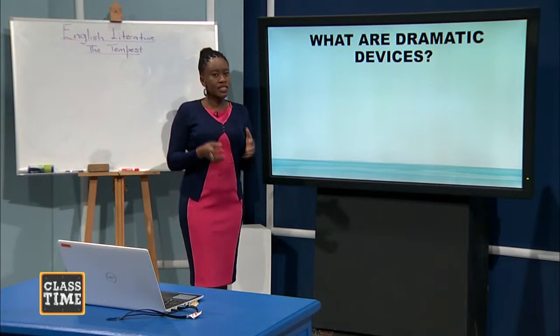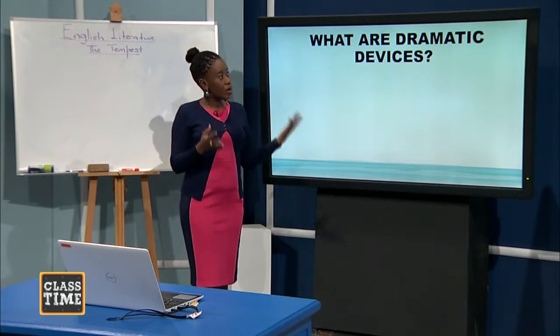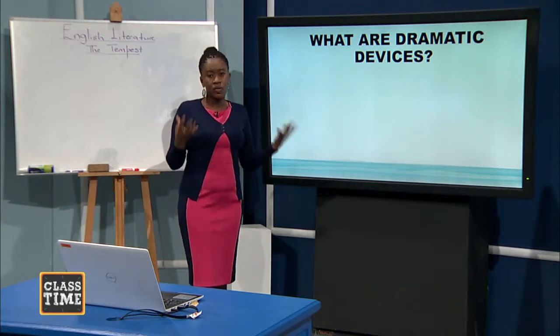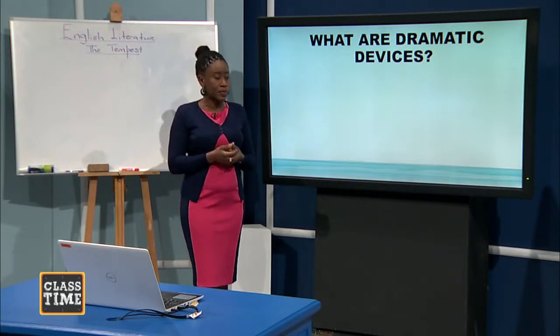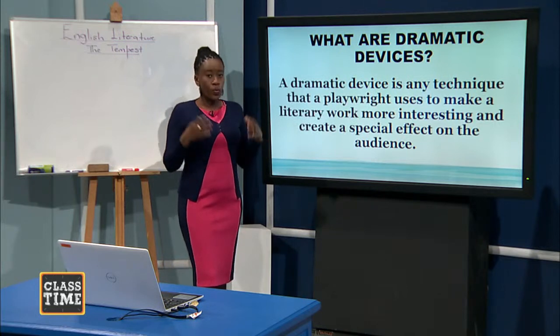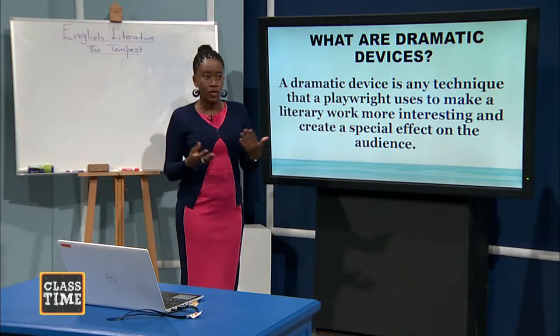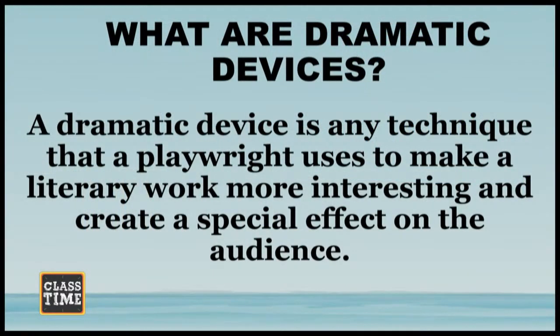Before we delve into our discussion, it is important for us to come up with a working definition of dramatic devices. When we talk about dramatic devices, what are we talking about? We can look at dramatic devices as techniques that a writer employs in order to make the work a little clearer, in order for us to be more interested in the work. Think about baking a cake.